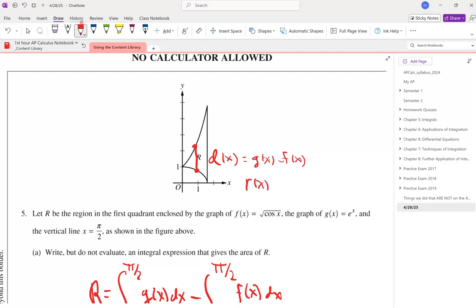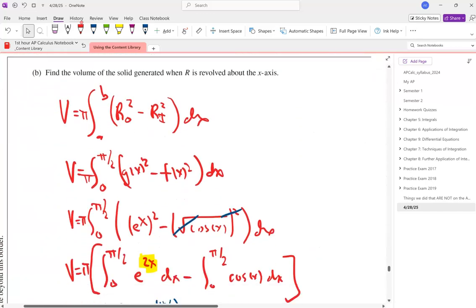So the radius function should just be half of that. Everybody feel okay there? I suspect that's your second point on that question, correctly coming up with an expression for that radius function.